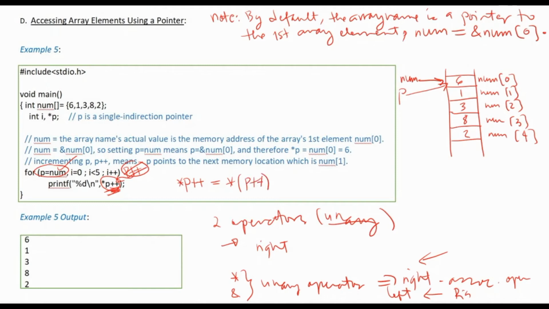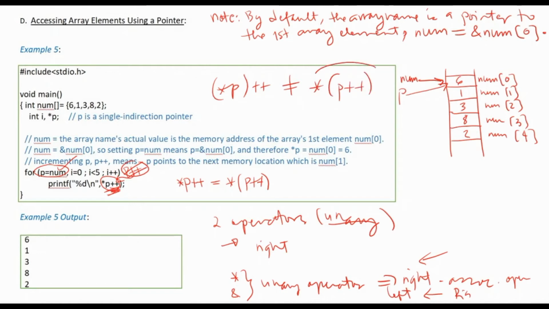So you increment P, not the value pointed by P. So there's a big difference to that expression. Saying asterisk P, enclosed in parentheses, and then putting the incrementation here, is not the same as asterisk parentheses P plus plus.